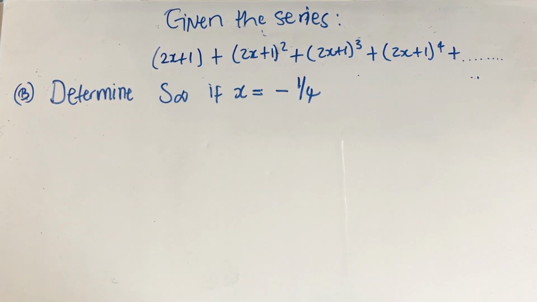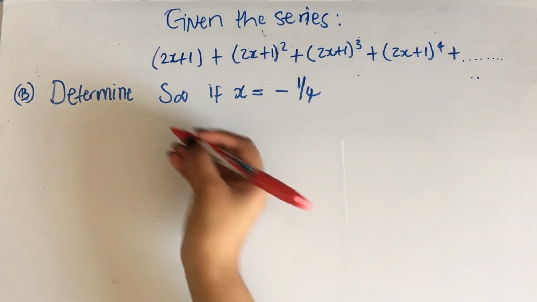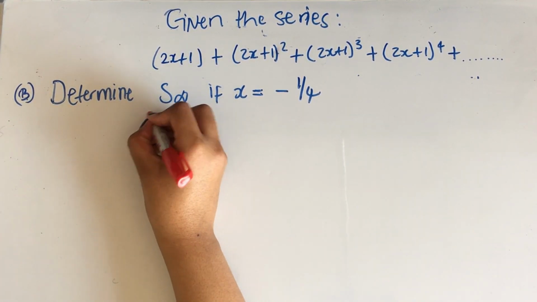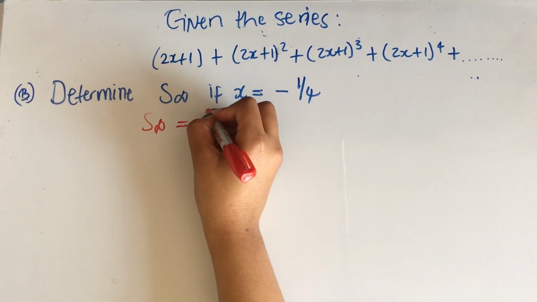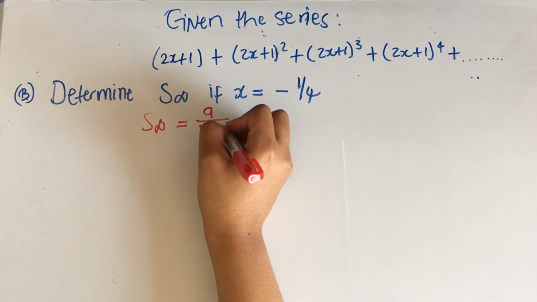So it definitely does show that this whole series is convergent. Okay, so determine the sum to infinity if x is equal to negative 1 over 4. We know the formula that we need to use for this is sum to infinity is equal to a over 1 minus r.